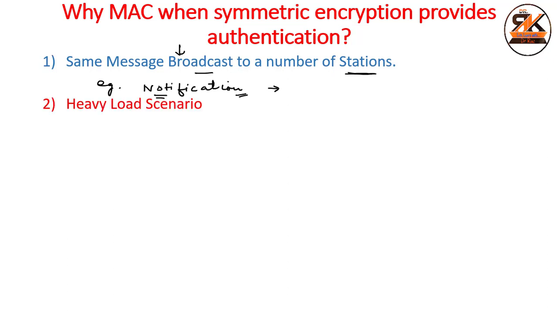Another reason to use a MAC is the heavy load scenario. In a heavy load scenario, where the receiver cannot afford to decrypt all messages because a lot of messages are coming, authentication carried out on a selective basis, at random, can be useful. This can be done by using a MAC.